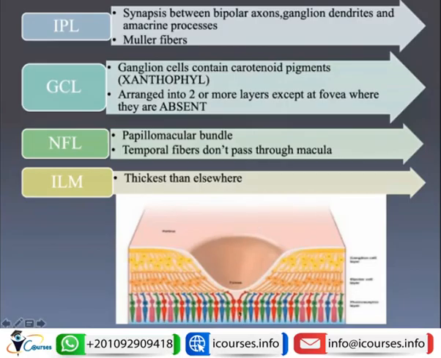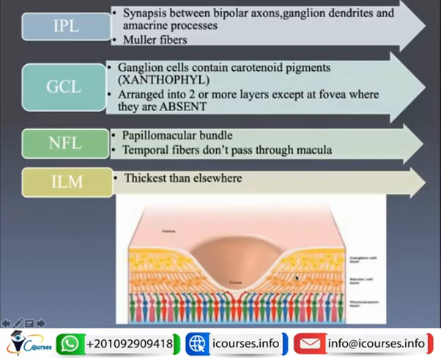This is because we need the fovea to be as thin as possible, so that the light will strike the photoreceptors directly. So other layers than the photoreceptors and the external and internal limiting membrane will be pushed to a side. The ganglion cell layer, as you can see here, is pushed to a side, and the bipolar cells are pushed to a side.